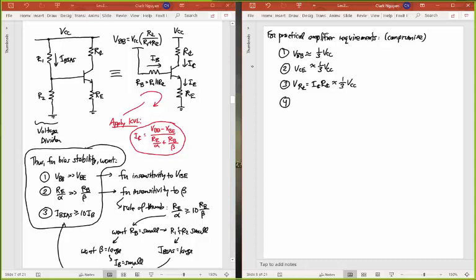And let's choose our bias current such that it is greater than 0.1 times our emitter current, but less than our emitter current. Okay, and so this here is a good starting point.